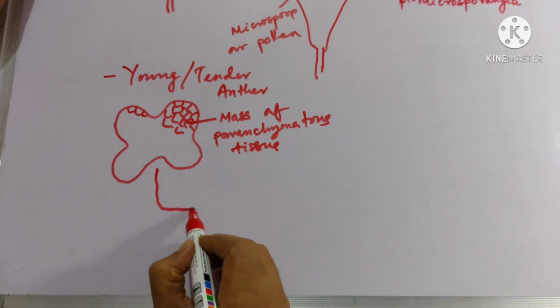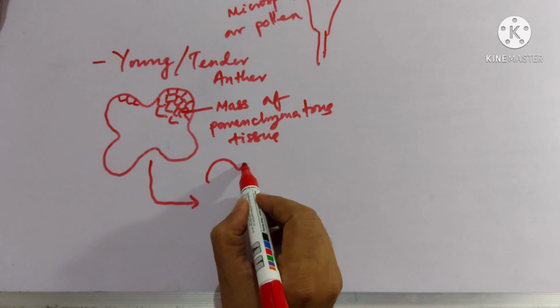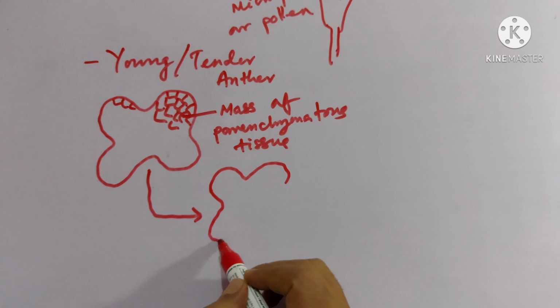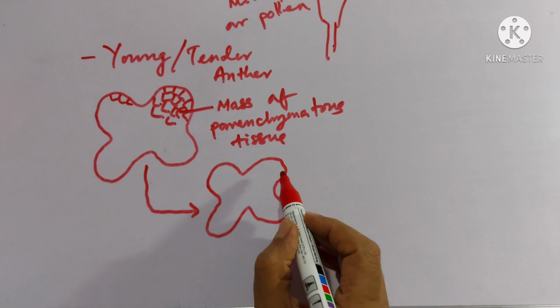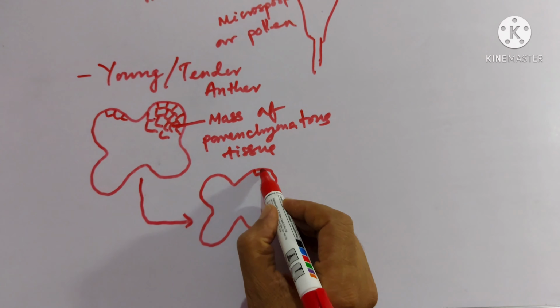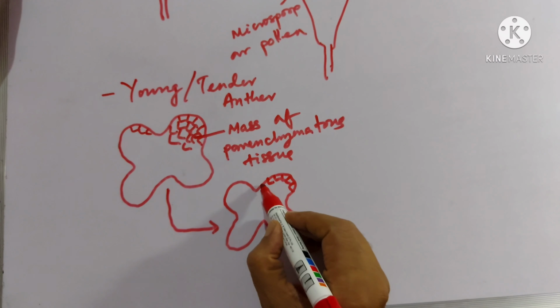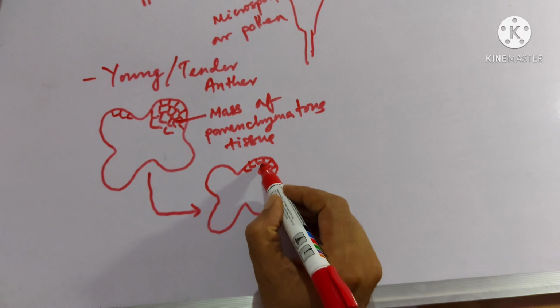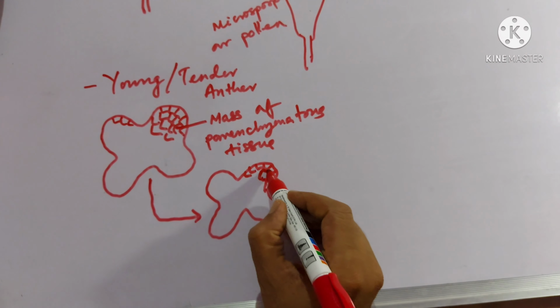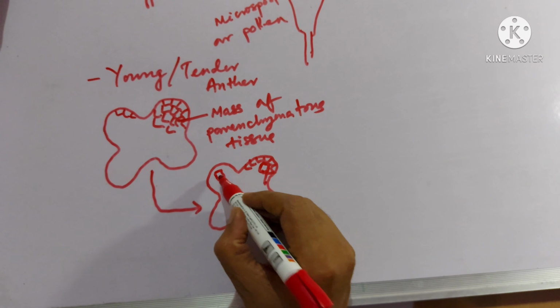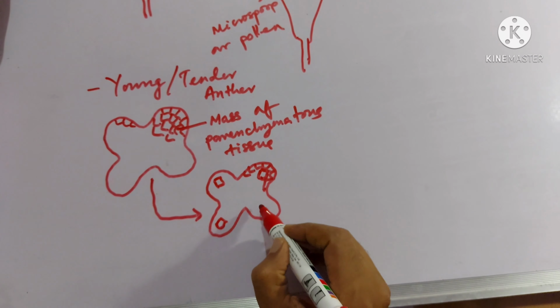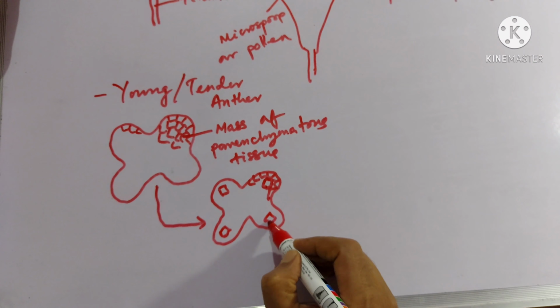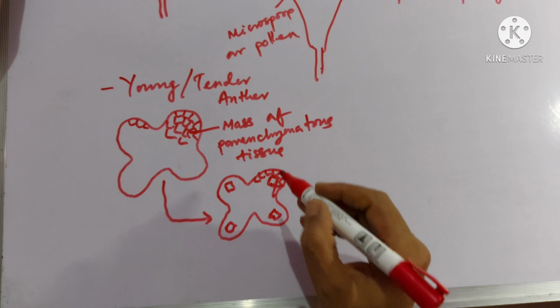Then in the next step, gradually what happens? There is differentiation, and just below the epidermis there are specialized or differentiated cells which in future will give rise to the microsporangium.